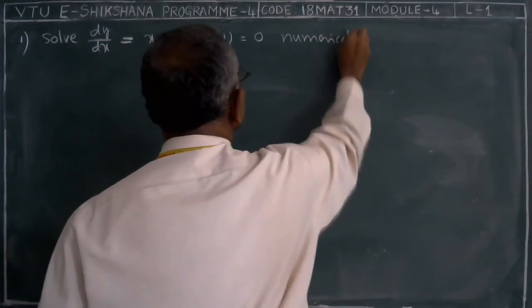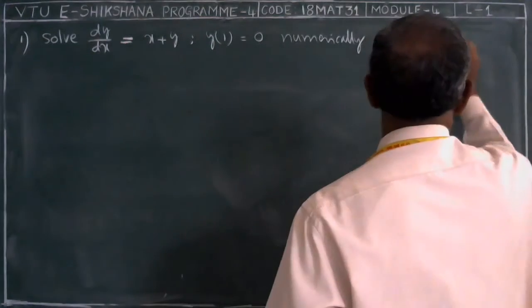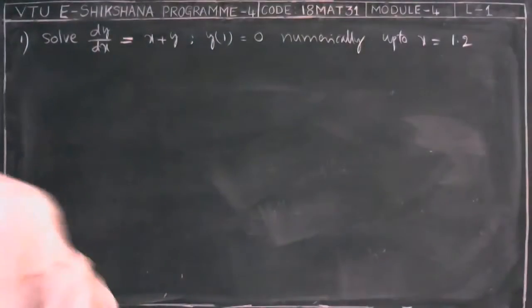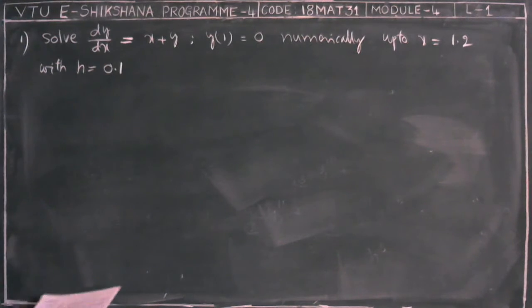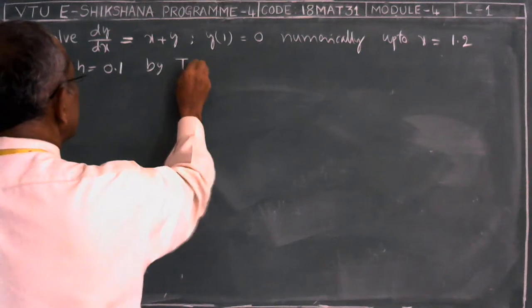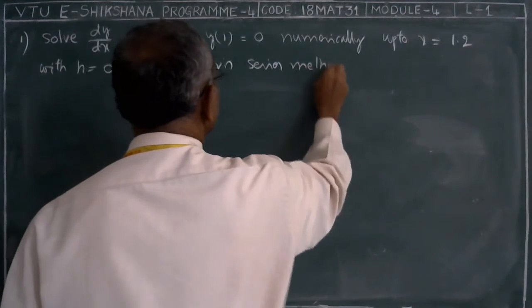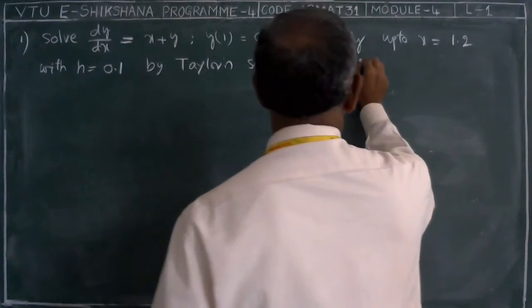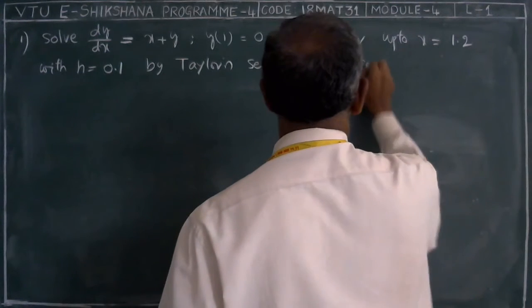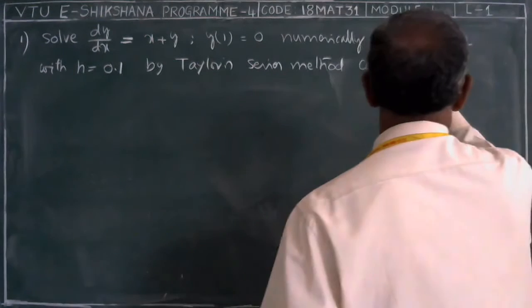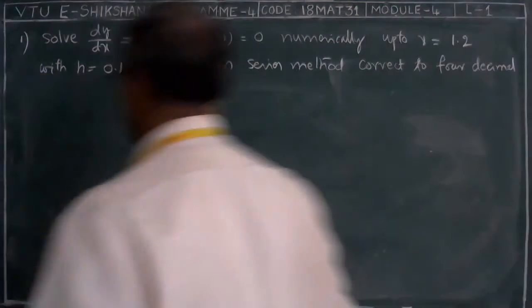Numerically up to x is equal to 1.2, where h is equal to 0.1, by Taylor's series method, correct to 4 decimal places.